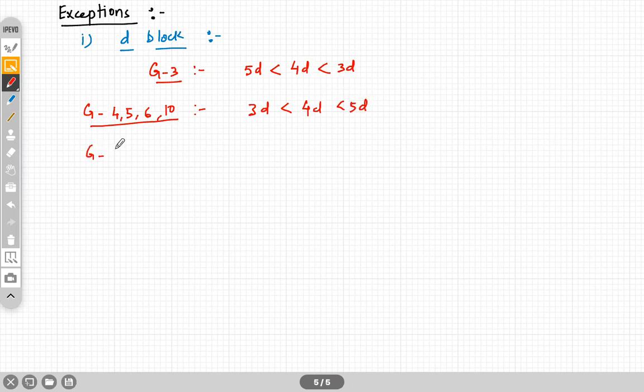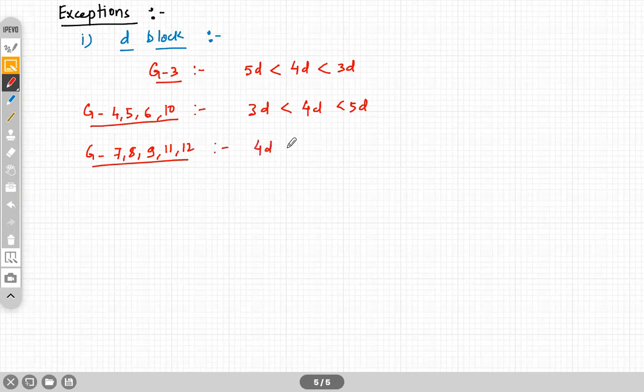For groups 7, 8, 9, 11, and 12, the configuration is 4d is less than 3d is less than 5d. This is the order we have.